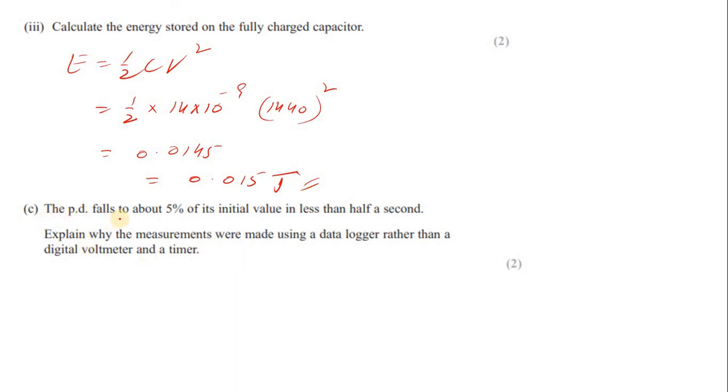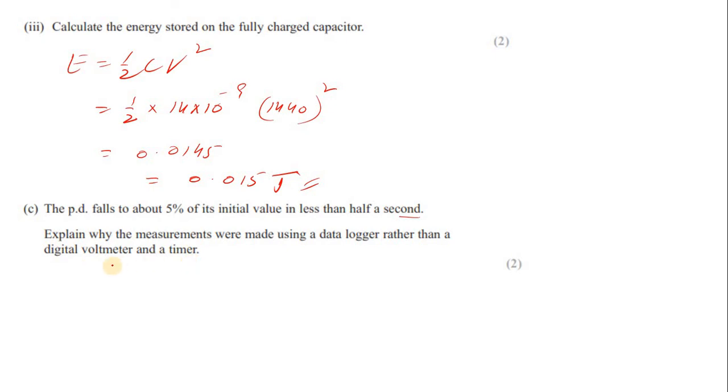The potential difference falls to about 5% of its initial value in less than half a second. Explain why measurements were made using a data logger rather than a digital voltmeter and the timer. So the reason is because there is a very quick decrease in the voltage, less than half a second. So the time interval is very small. So in order to take readings from a voltmeter and a timer is almost impossible.